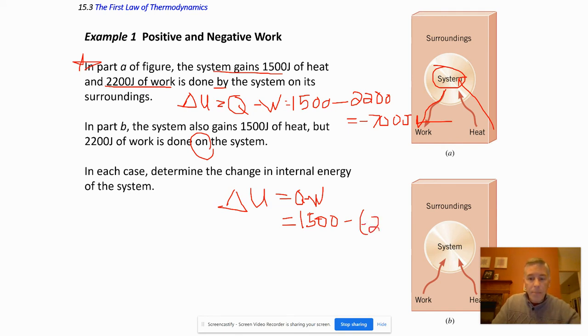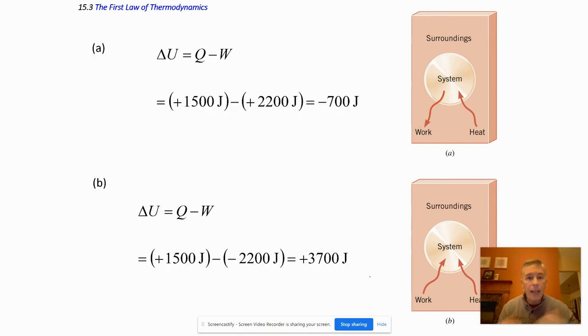So it'd be minus a negative 2,200 joules. So it's actually like I'm adding the two values together. This is going to cause an increase in my internal energy, and this would be 3,700 joules, sorry, can't add. 3,700 joules. So this is one of the key things, that on or by is going to be very important as we're trying to figure this out.